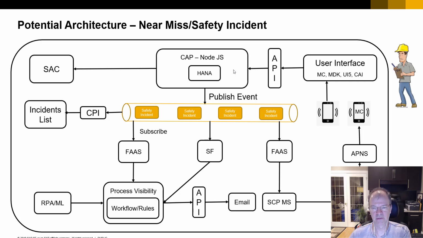And once that event, or that safety incident, is processed by CAP and stored inside of HANA, we then show you quite easily how to publish an event. And because we have provided some integration between CAP and the enterprise messaging service, it's literally 2 lines of code to publish an event into the enterprise messaging system, and then we can subscribe to that event from any number of places, which gives us a really nice flexible architecture, because I can snap in my applications on the bottom.